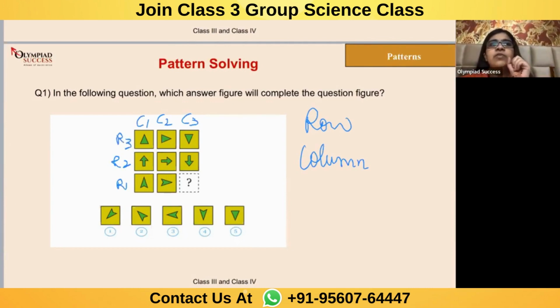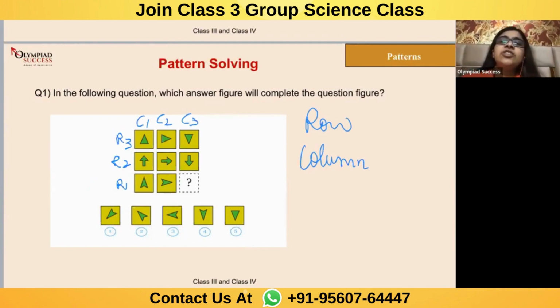Okay. So what will we do here? R1, R2 and R3, you can name it from top to bottom also as 1, 2, 3. That is not a problem. So there is a relation in every row and there is a relation in every column.